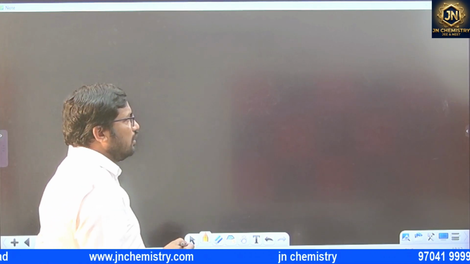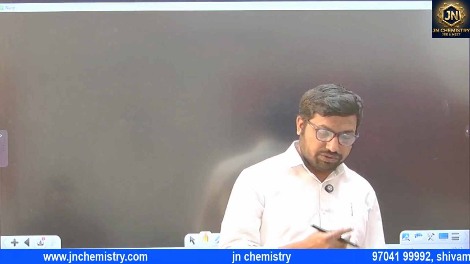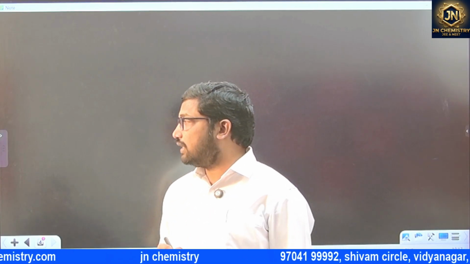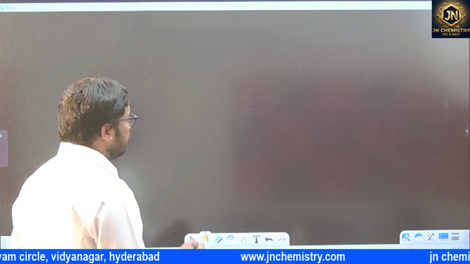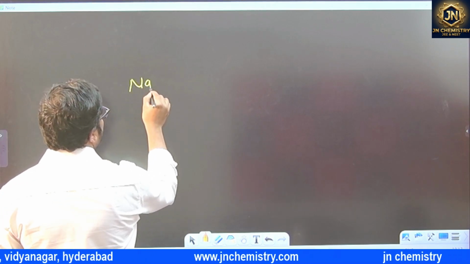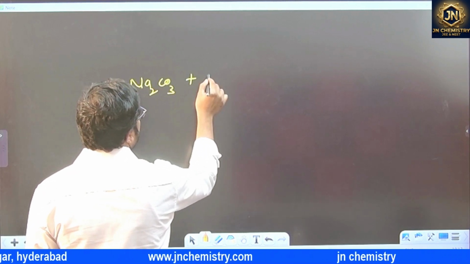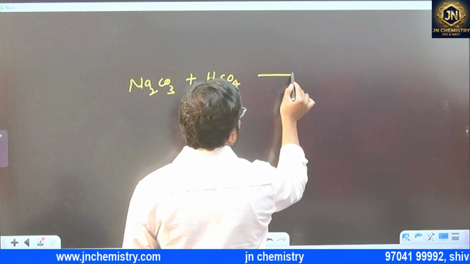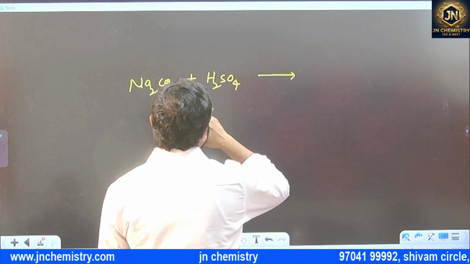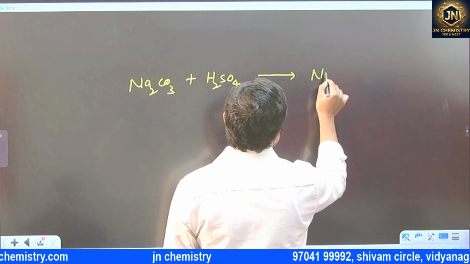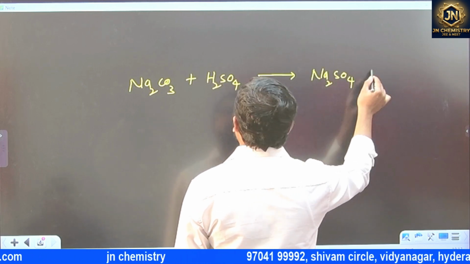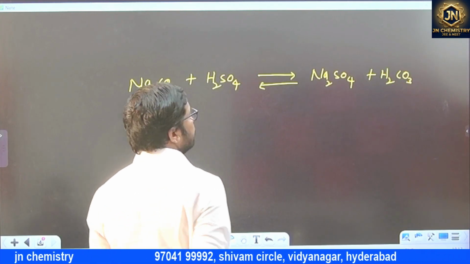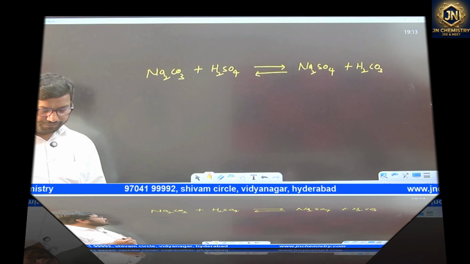So write one reaction and predict the direction of the reaction, forward or backward: Na2CO3 plus H2SO4 gives Na2SO4 plus H2CO3. So forward reaction takes place or backward reaction? Please let me know.